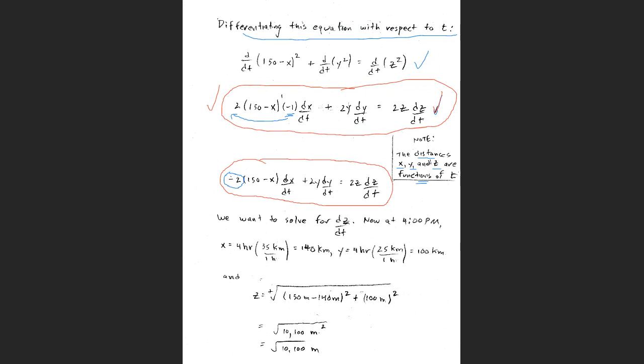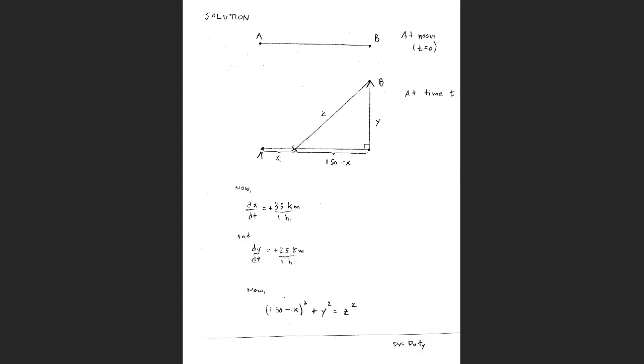Now we want to solve for dz/dt, because the problem says how fast is the distance between the ships changing at 4 p.m.? If we go to the picture, I'm going to be careful how I say this. At time t, the position of ship A is right there.